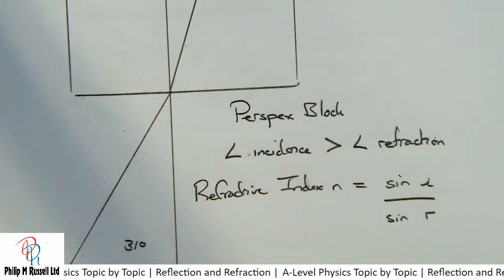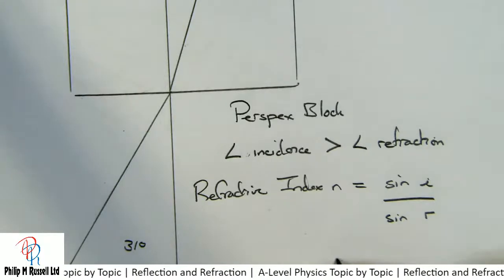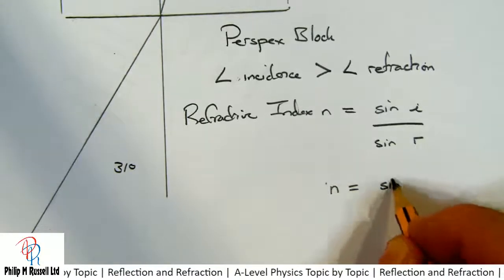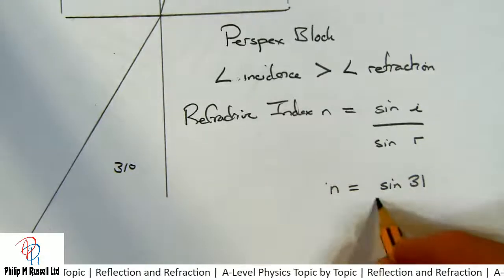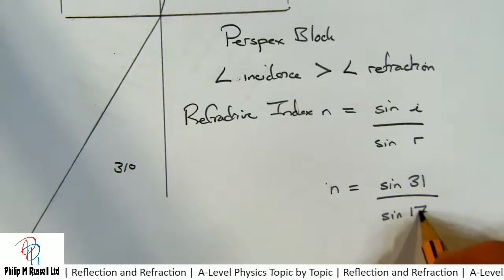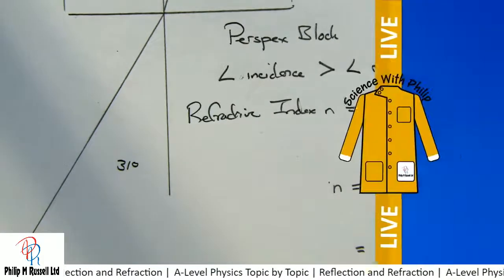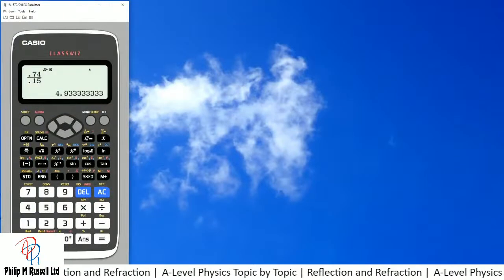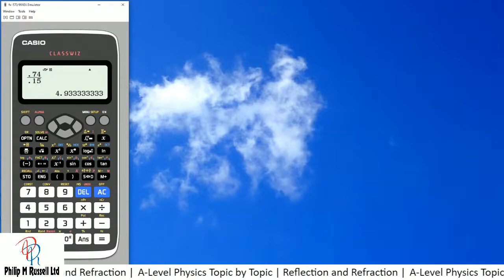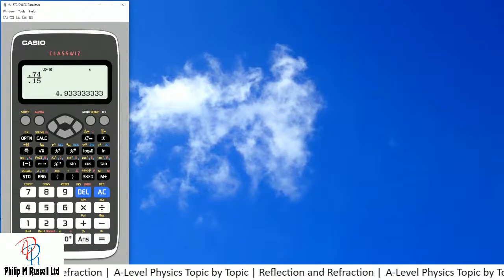So let's write down what we're going to do first. So we've got N in this case is going to be the sine of 31 over the sine of 17.5, and if we put that into my calculator, then I've got a problem trying to get my mouse to work.